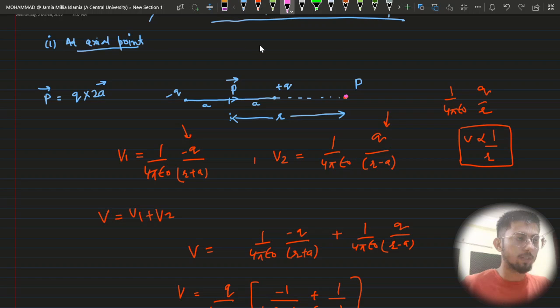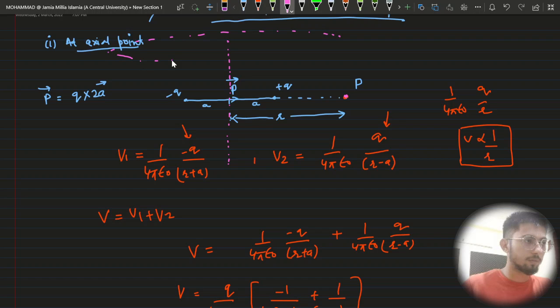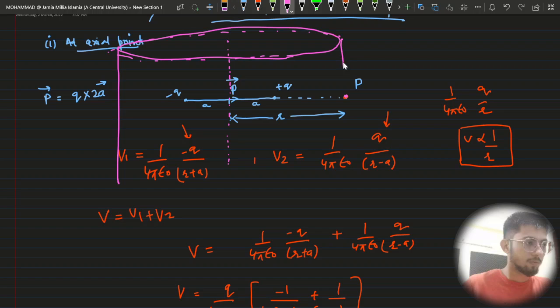Suppose this is the center, and you make a cylinder like this.